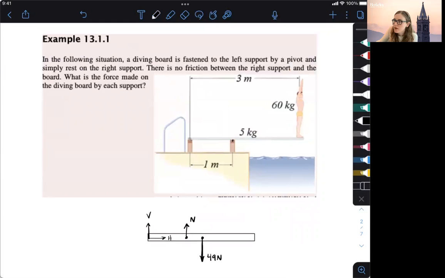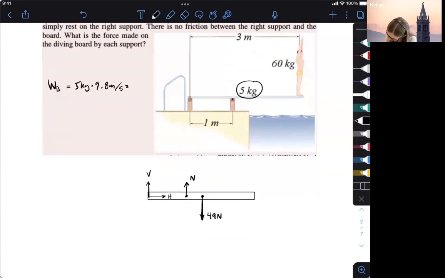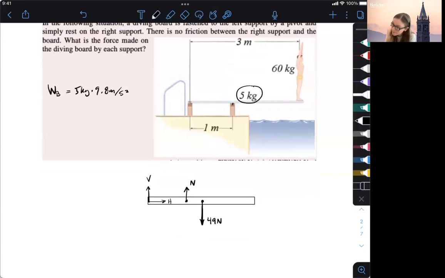Sorry, the board is 5 kilograms. Yeah, so 5 kilograms times 9.8 meters per second squared is going to give us the weight of the board. So we're modeling that just at the center of mass, okay?